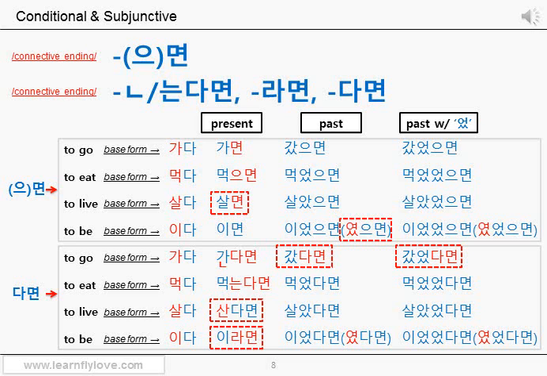Now with the connective ending 다면. 가다, 간다면, 갔다면. It's not 갖는다면.